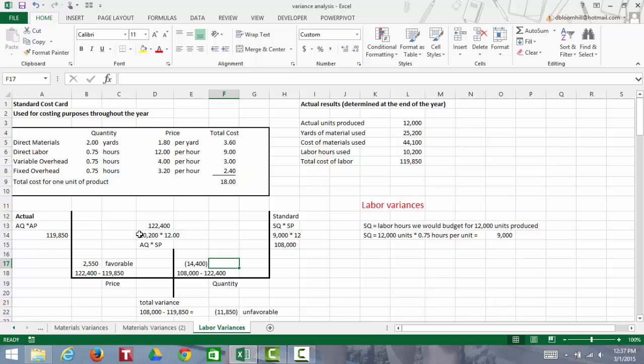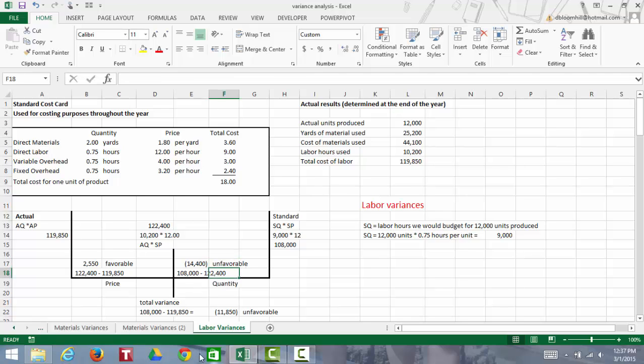Once again, when we compare two numbers, the one on the right is the budget, the one on the left is actual. In this case, we budgeted 108,000. It came in at 122,400. That is unfavorable.